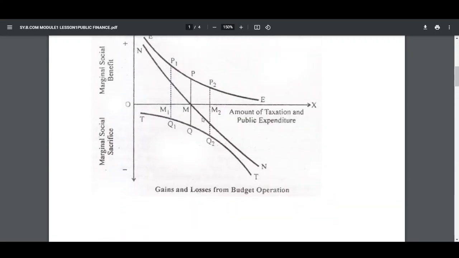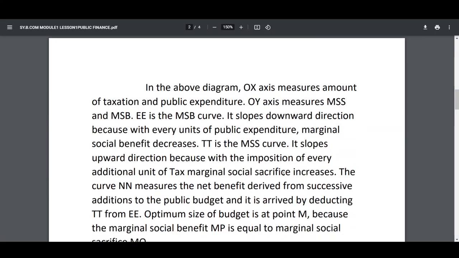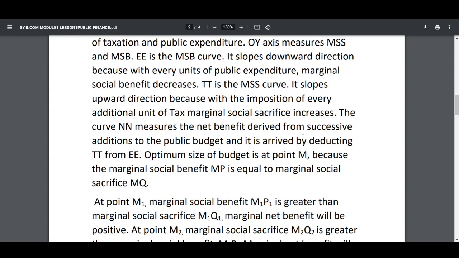Now, the next point is the curve NN, in between these two curves, EE and TT. The NN curve measures the net benefit derived from successive additions to the public budget, and it is arrived at by deducting TT from EE. Got the point?